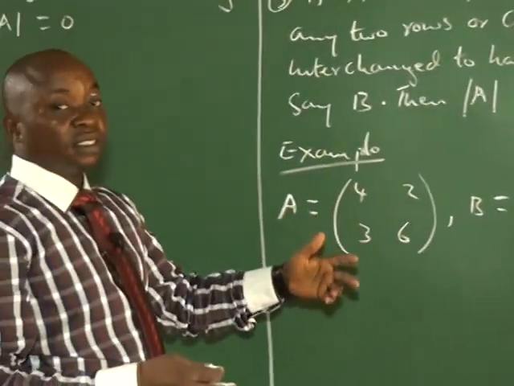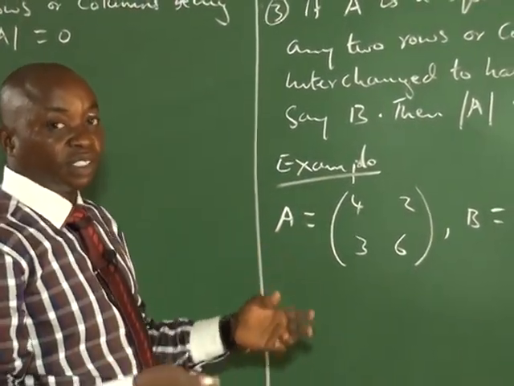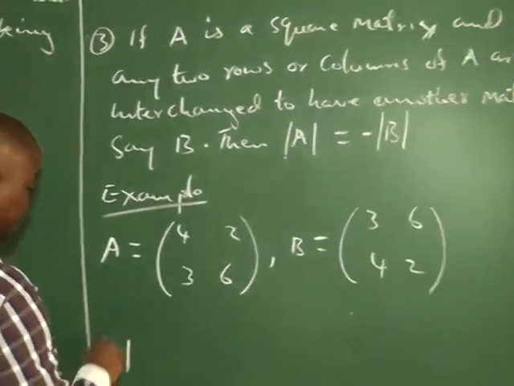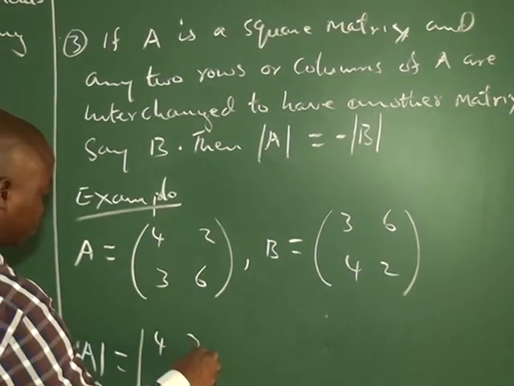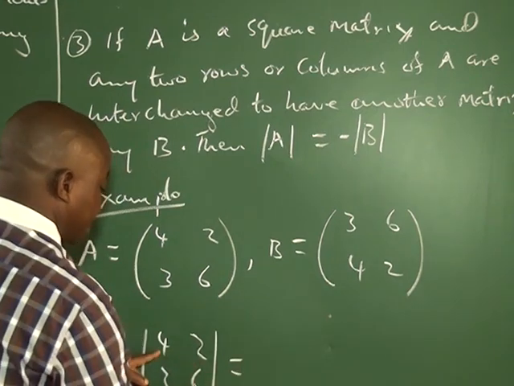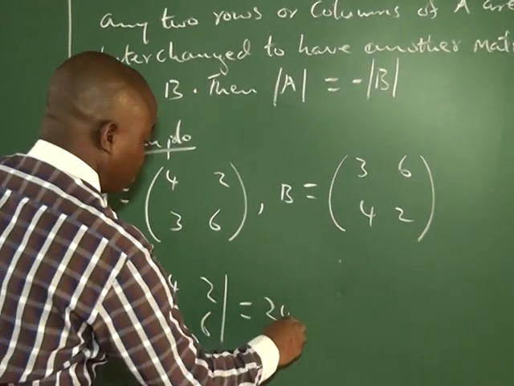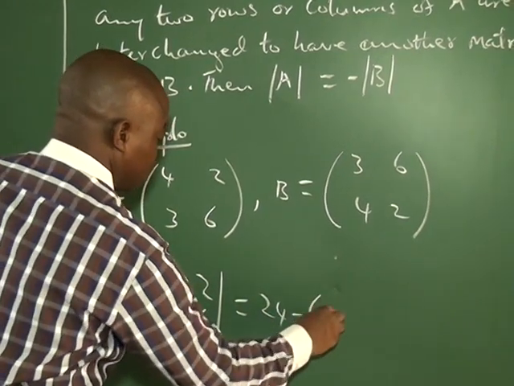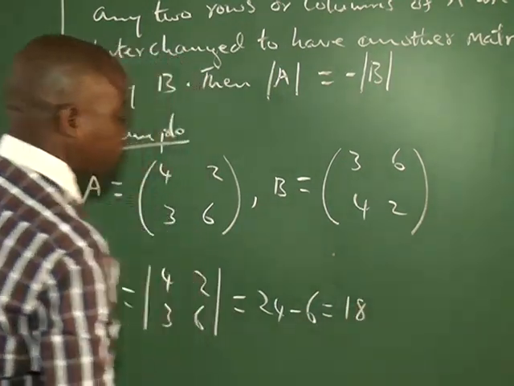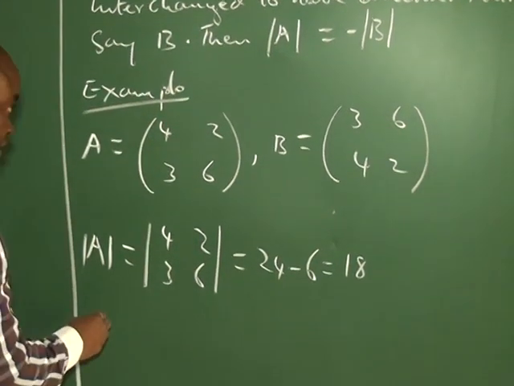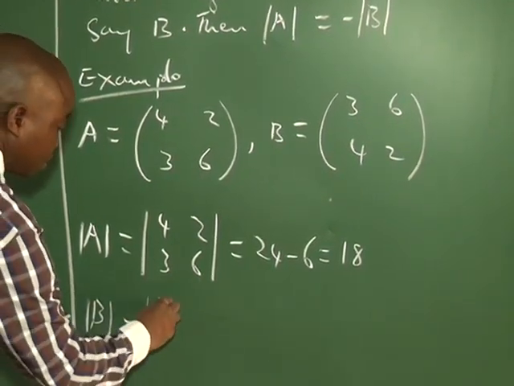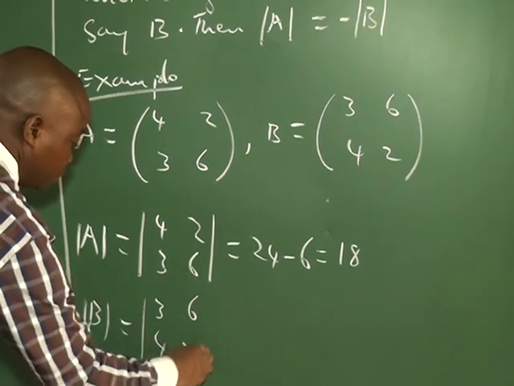Even though it's 3 by 3, even though it's 4 by 4 or any finite order, if you interchange any two rows, we'll have this. Determinant of A is 4, 2, 3, 6. And that gives us 4 times 6, which is 24, minus 6. 24 minus 6 gives us 18. All right. Now, let's take also the determinant of B, which is 3, 6, 4, 2.